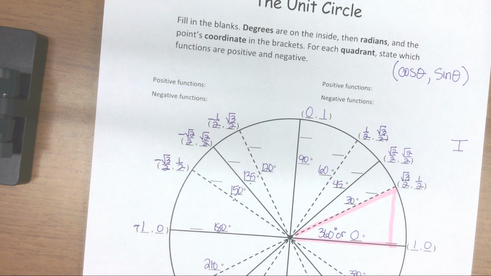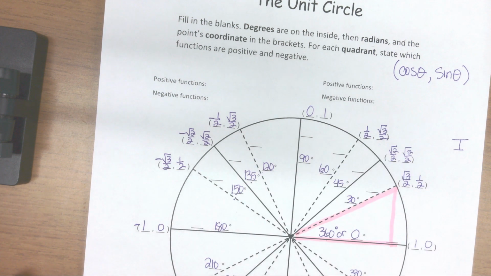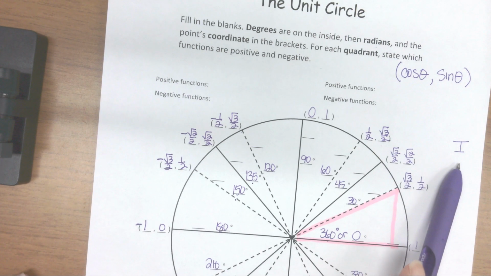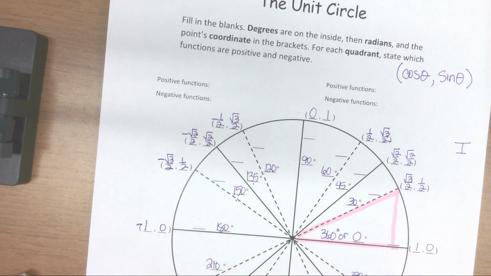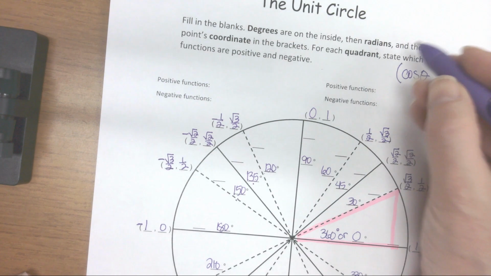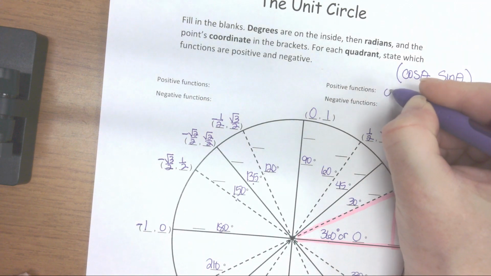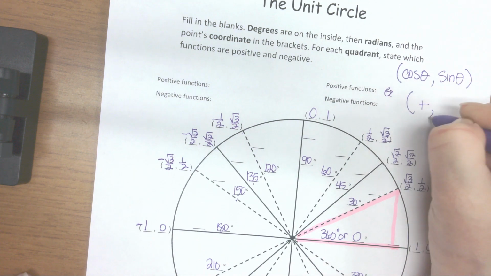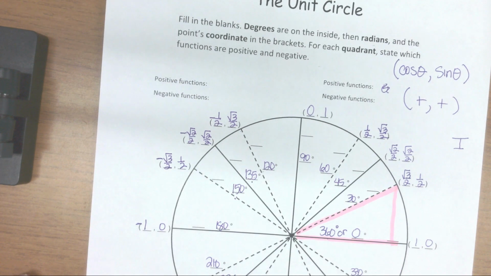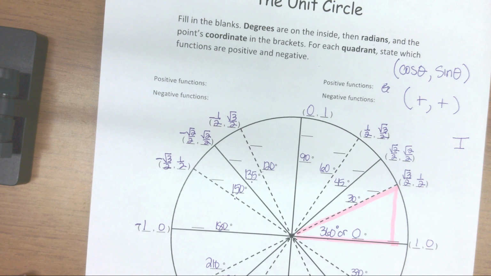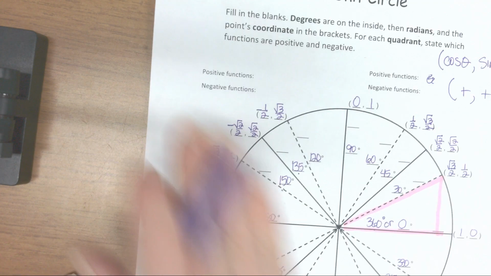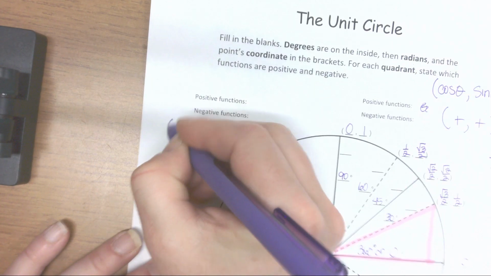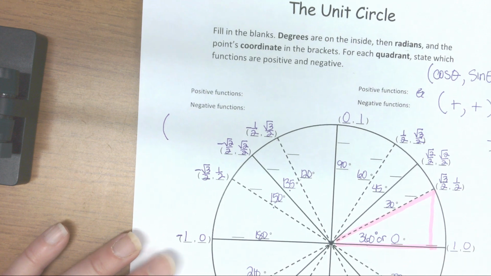All right, so let's just go through the positive and the negative. In quadrant 1, the signs are both positive, right? So I'm just going to do plus plus. Cosine's positive, sine's positive. Let's go over to this side. On this side, it's negative positive.